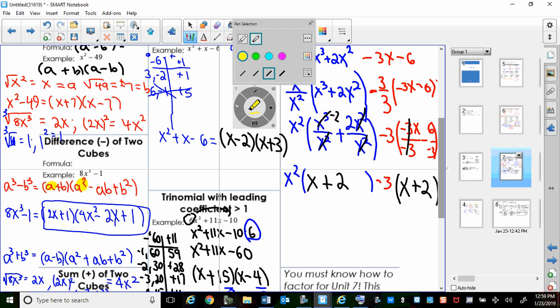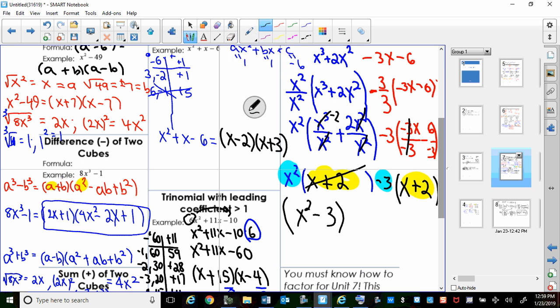If you recall, we bring down one of these, one goes away, and then we place these two quantities together. It's like a reverse distribution almost. This is why it's called grouping, because we're grouping two terms together. One of these goes away, and I'm left with x squared minus 3 times x plus 2, because they are the same. And this is the final answer.